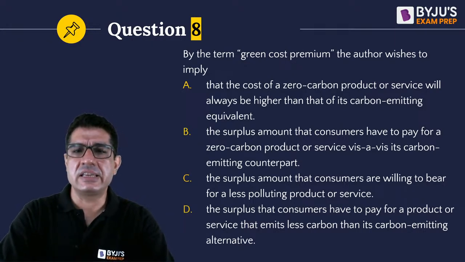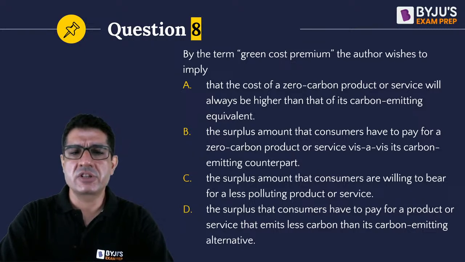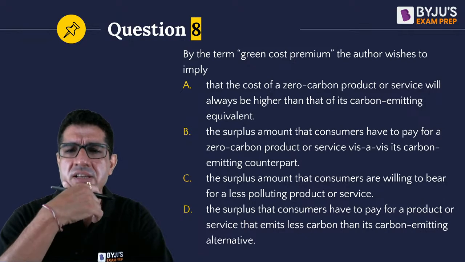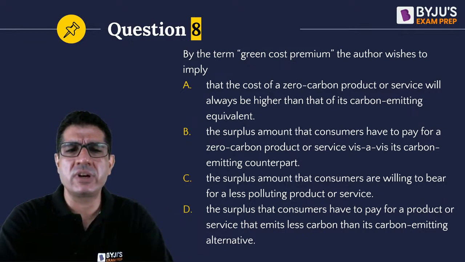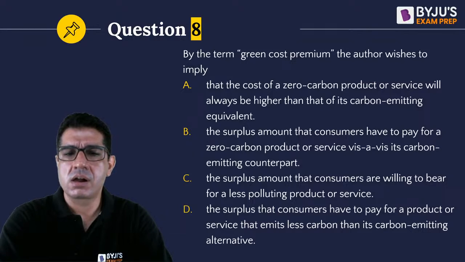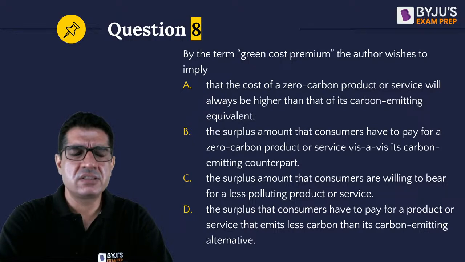So let's see, B versus D appears to be the case. B says the surplus amount the consumers have to pay for a zero carbon product or service vis-a-vis its carbon emitting counterpart. D is the surplus that consumers have to pay for a product or service that emits less carbon. So I think the only difference between B and D is zero carbon or less carbon. So is the green cost premium associated only with zero carbon?